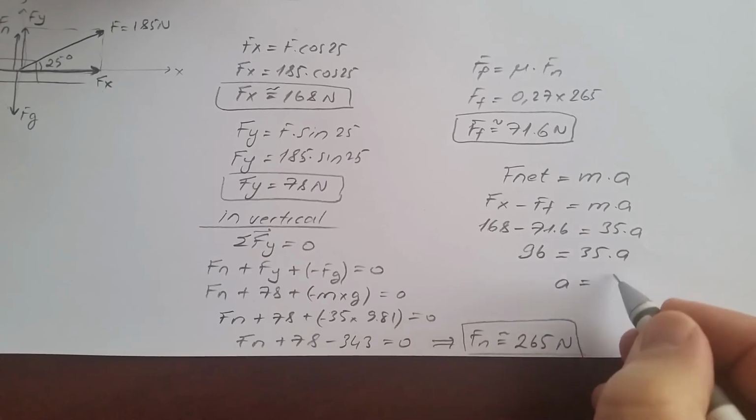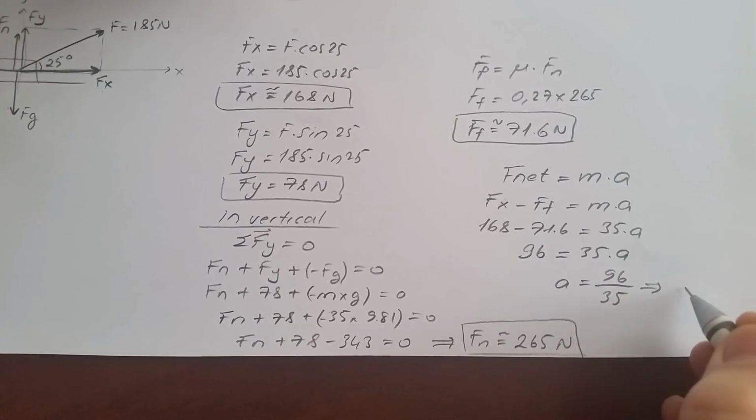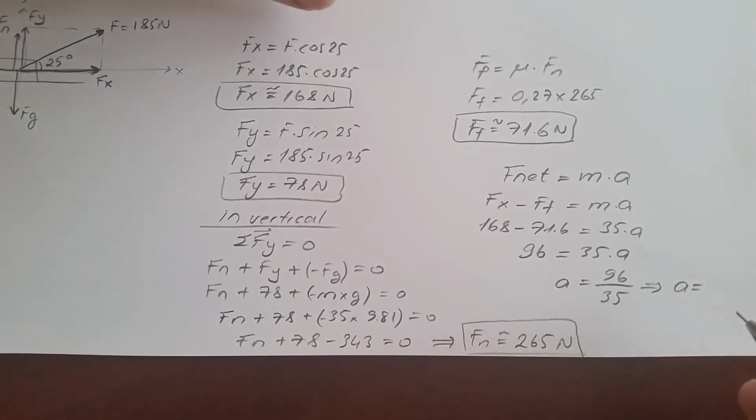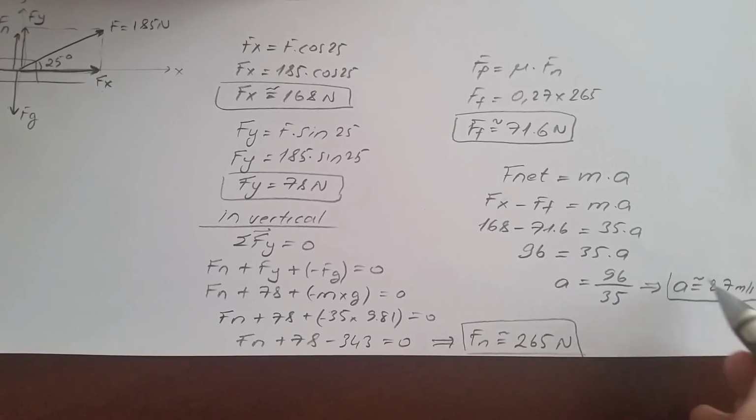Then a will be 96 divided by 35. Then a will be 2.7 meter per second squared. Thank you.